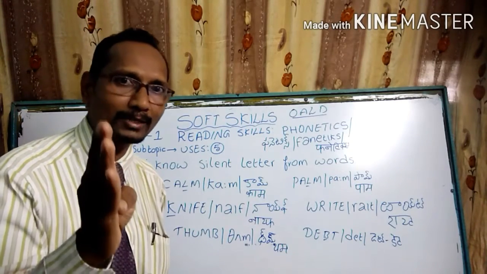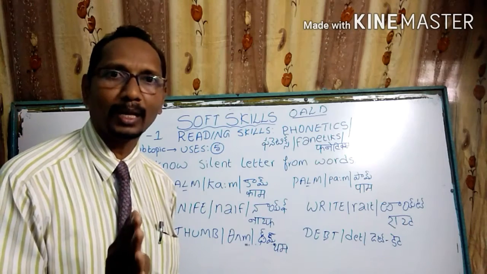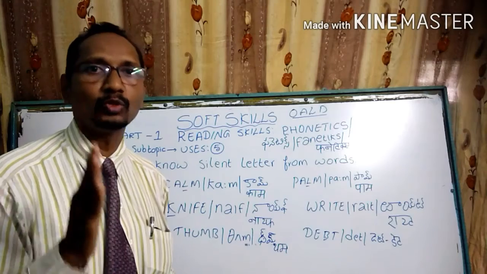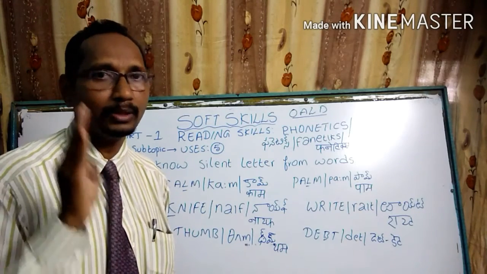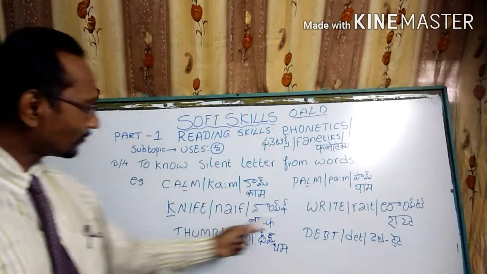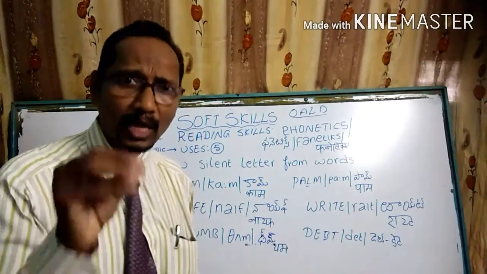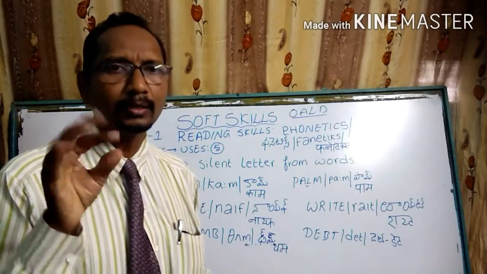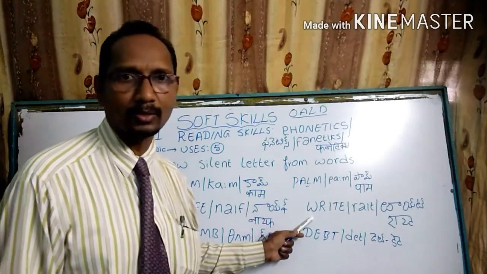What the phonetic sound is telling us to pronounce, that should be done, because we should pronounce as native English speakers pronounce. Now the fourth one here, write. Still some of our students, or some English speakers, use the W sound also.